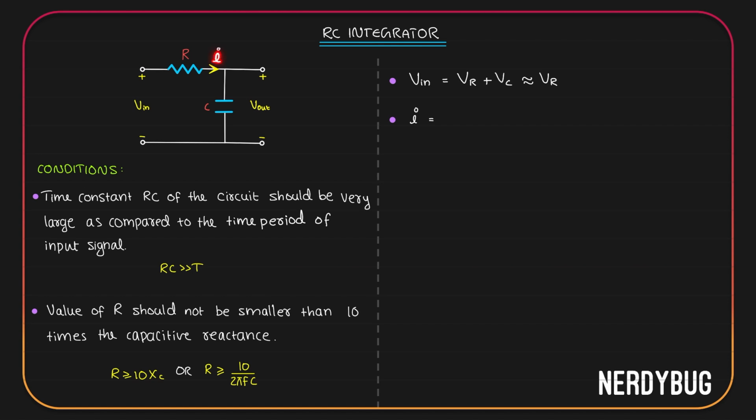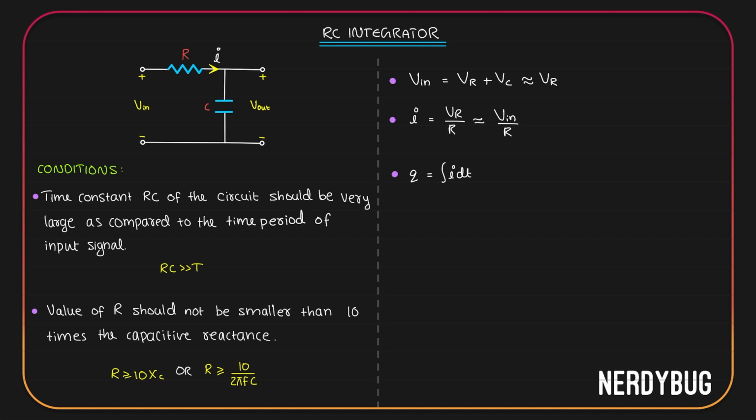Current through the circuit is I. This is the exact current that is passing through our resistance R. So using Ohm's law, I will be equal to VR divided by R. But we just took VR as approximately equal to V input. So I is approximately equal to V in divided by R. This is the current that is charging the capacitor. So the charge in the capacitor Q is going to be integral I dt.